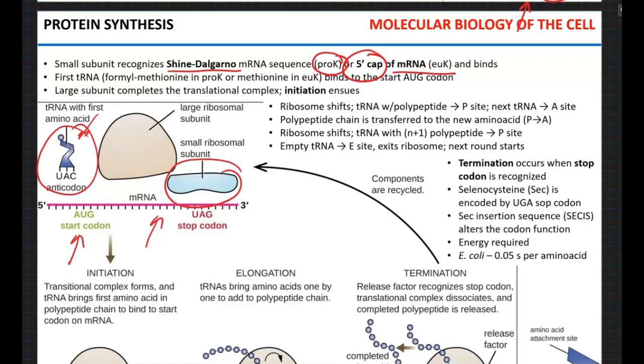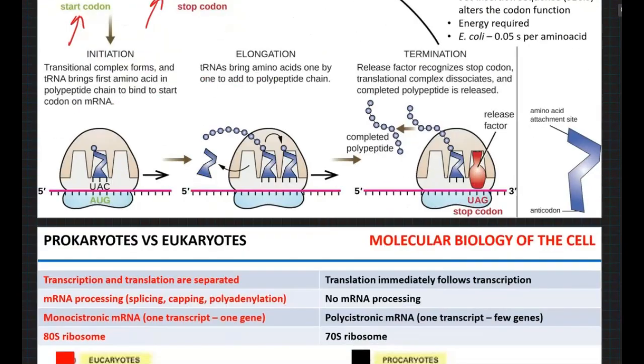All right? So once they're all assembled, the large subunit joins the party, and you have this. This is the initiation complex assembled. So what you're looking at here is one step somewhere in between the initiation and termination. So you see this tRNA that enters that pocket.